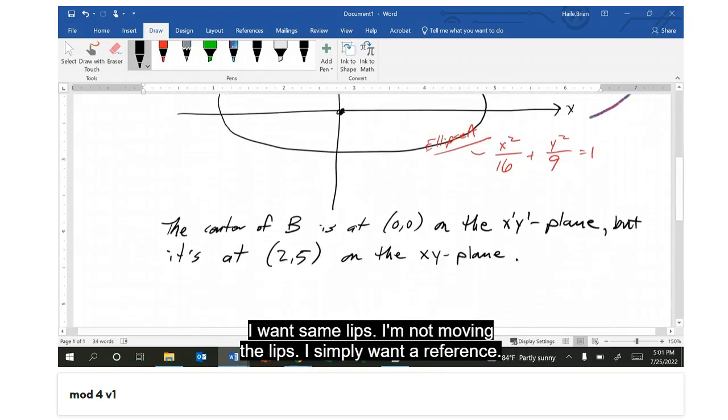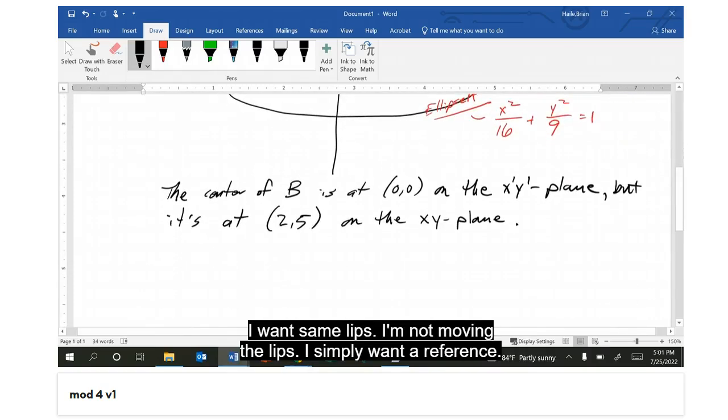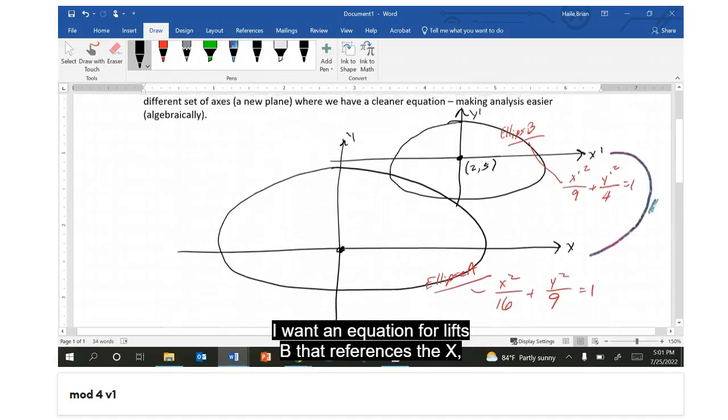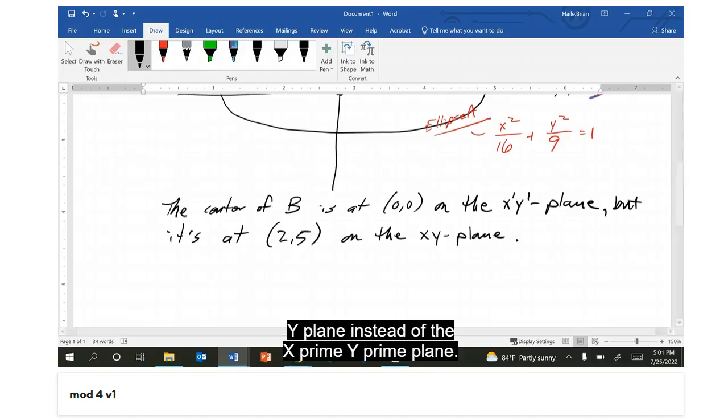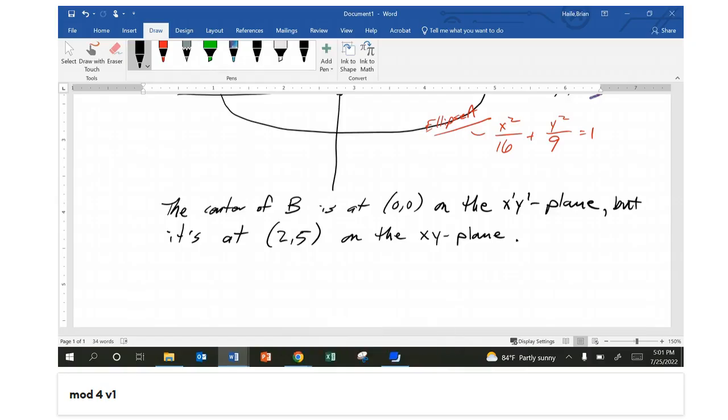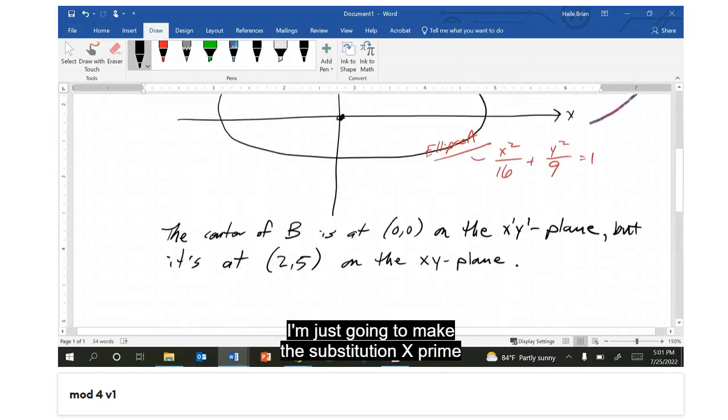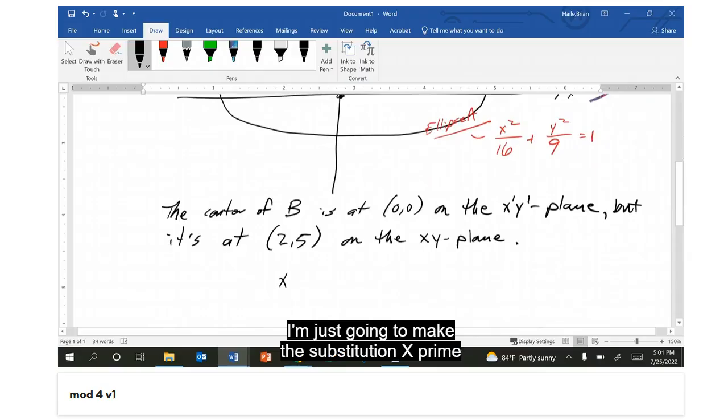I'm not moving the ellipse. I simply want an equation for ellipse B that references the xy plane instead of the x prime y prime plane. And so here I'll make the substitution.